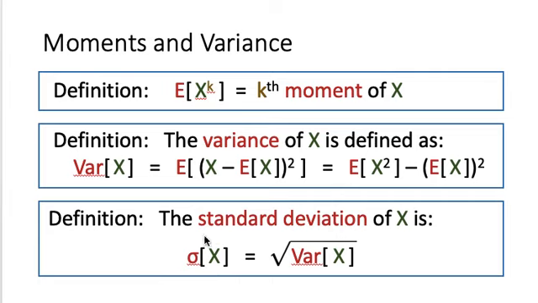Usually, the standard deviation of X is compared with expected of X. The reason why we want to have this one is expected of X should not be compared directly to variance of X. For instance, suppose that we are talking about the height of the students in a class, so expected of X is the average height. But for variance of X, it is going to be expected of X squared, something like this minus this one.